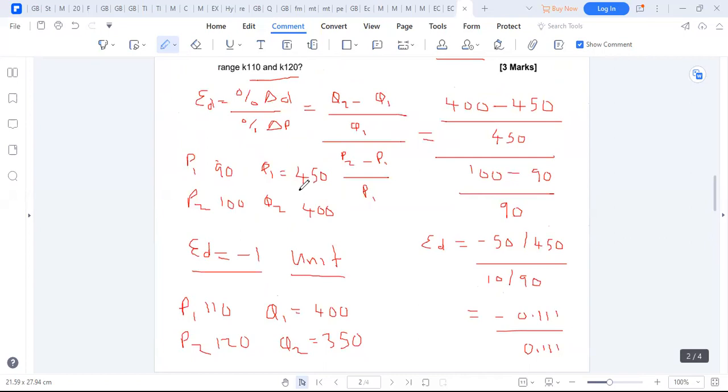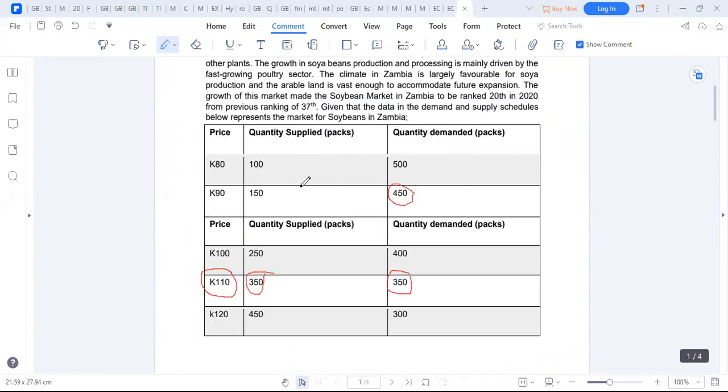So what do we have here initially? We have the quantity demanded as 500, 450. So if 20 more bags have been added, what are we going to have here? 520, right?